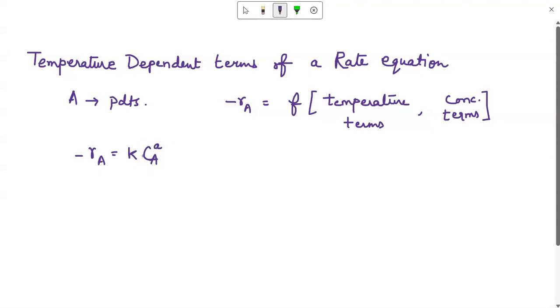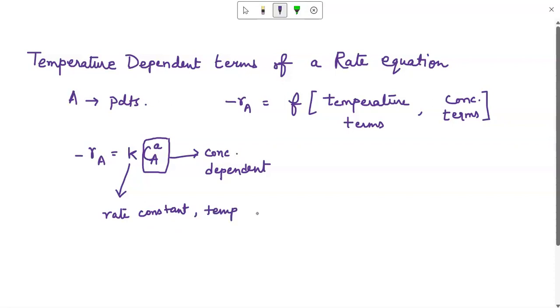So this part over here, CA to the power a, is your concentration dependent term. k over here, which we also call the rate constant, we have already learned how to find the unit for and what it signifies with respect to the orders of reactions. So this rate constant is the temperature dependent term.